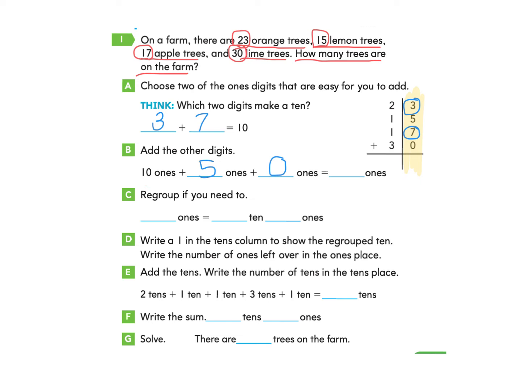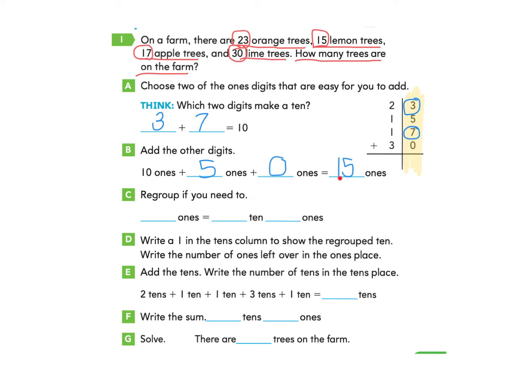So 10 plus 5 is 15, and 15 plus 0 is still 15. So I will write in here 15 ones. Okay, now I'm going to regroup if I need to.